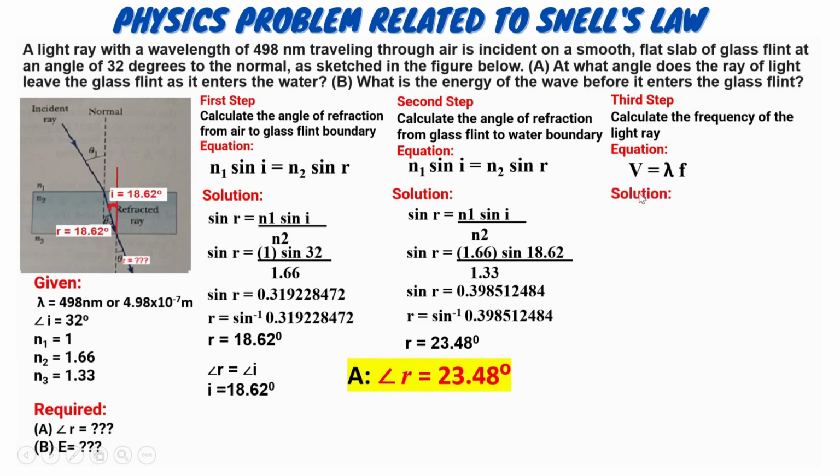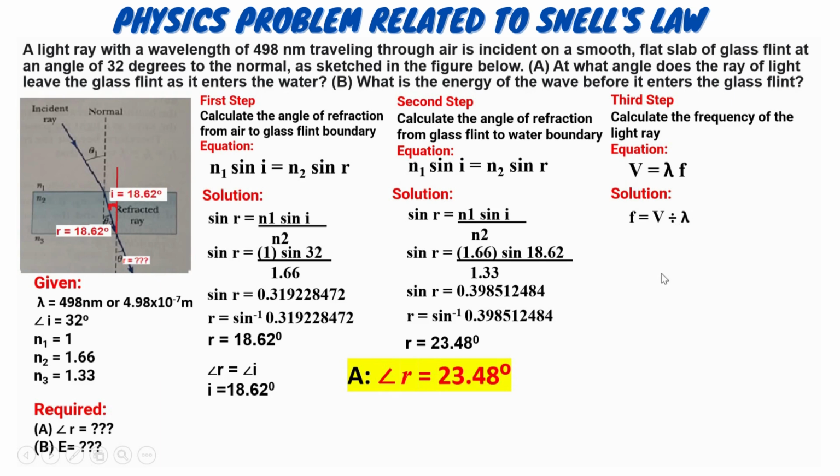So, rearranging the equation, we need to calculate the frequency of the light ray. Frequency is equal to V divided by wavelength, where V is the speed of light before it enters the second medium.